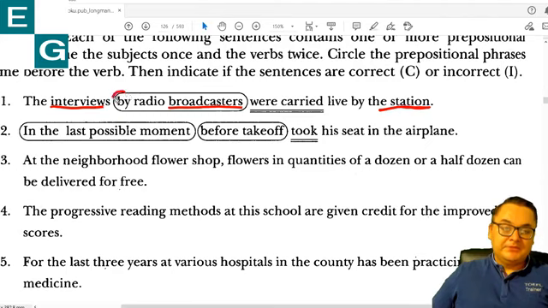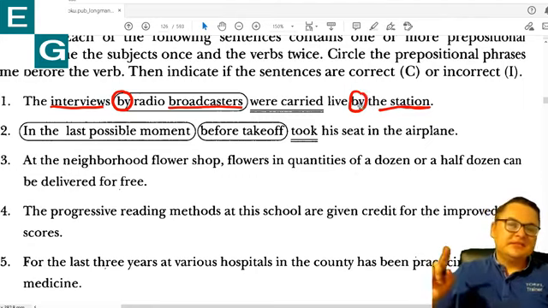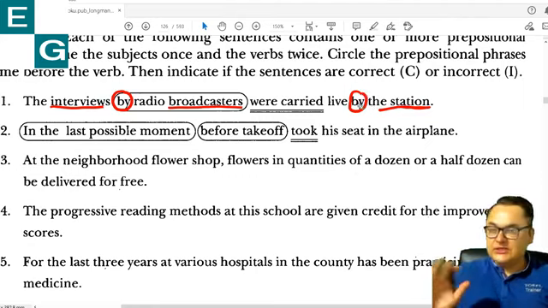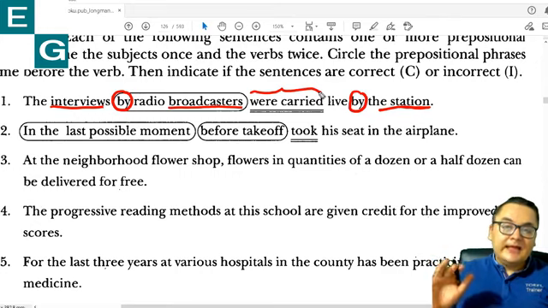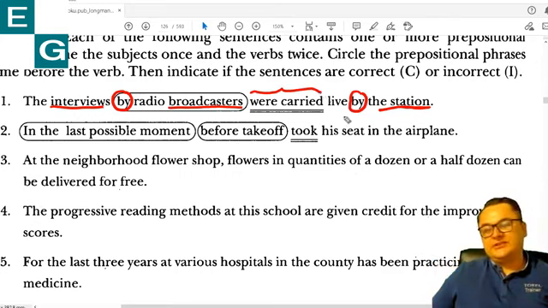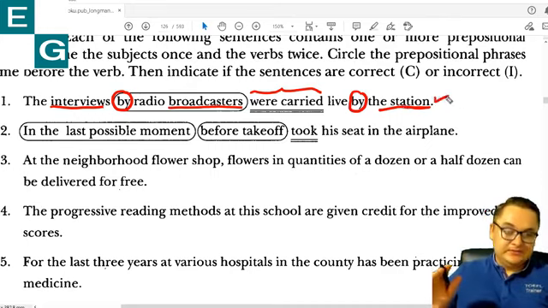I have a preposition here, by and by. Maybe this second preposition is not so important because I have a verb here. If I have a verb here, it means the noun is usually before this verb. So station is not gonna be taken into account.